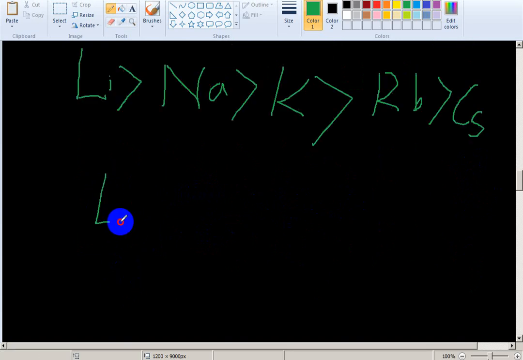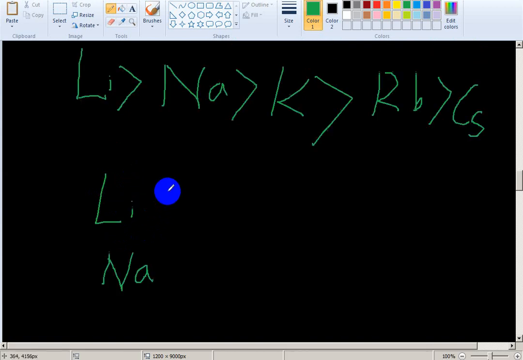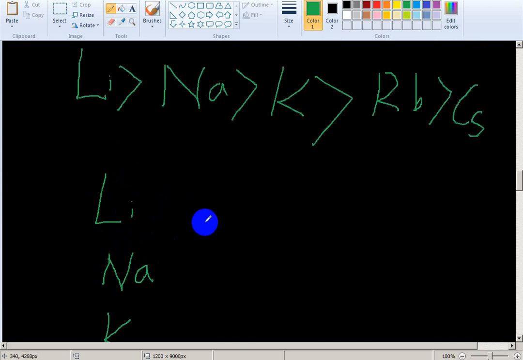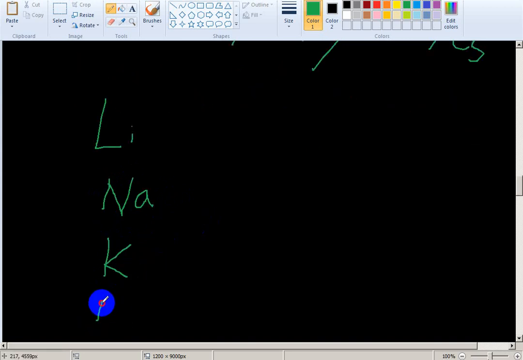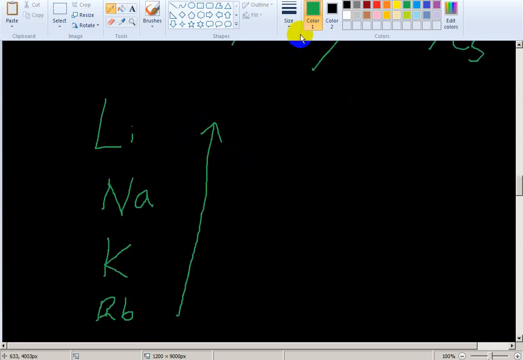How does the melting point change in group 1? Does it increase from top to bottom or from bottom to top? How do boiling point and melting point change in group 1?